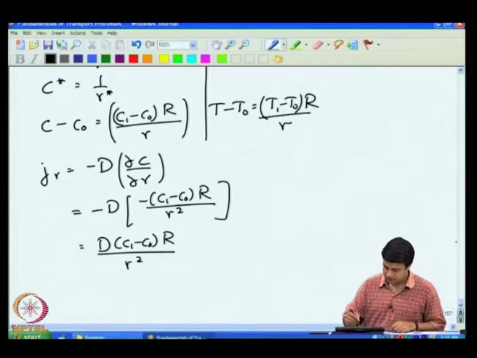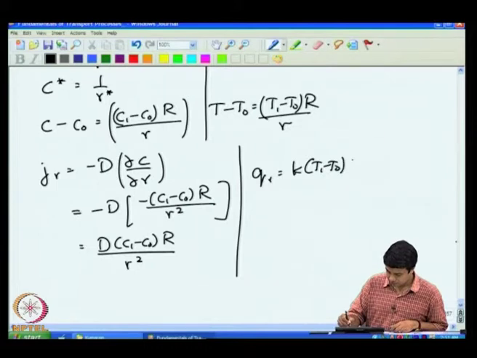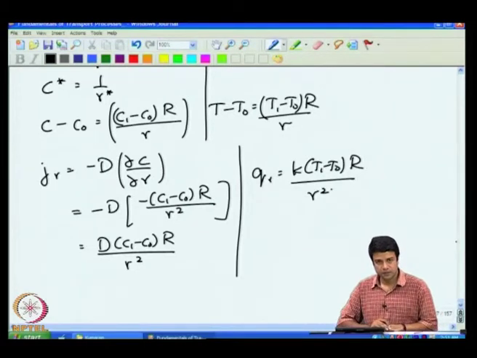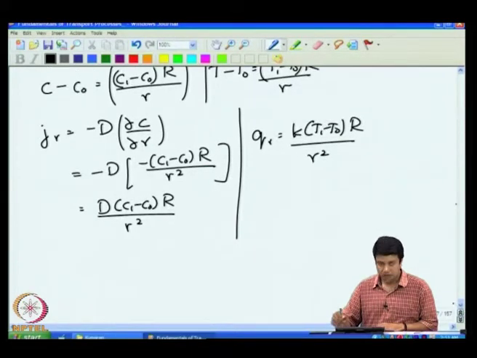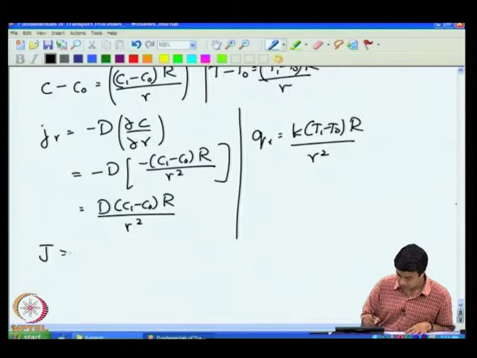Same thing for temperature. Q r is equal to K into T 1 minus T 0 times R by r square. Now, the total mass coming out of this particle, capital J, will be equal to 4 pi r square times J r.